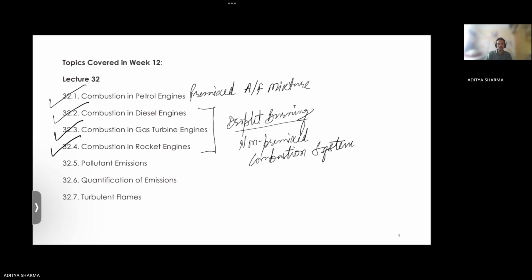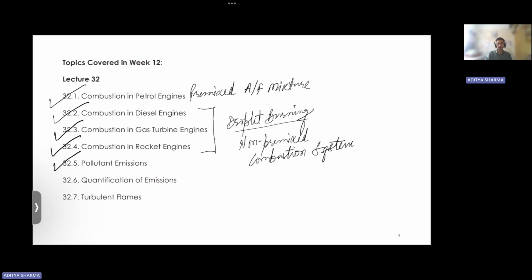After that, we have a discussion on emissions. Different types of pollutants are emitted in combustion and are not desirable. This has been discussed.